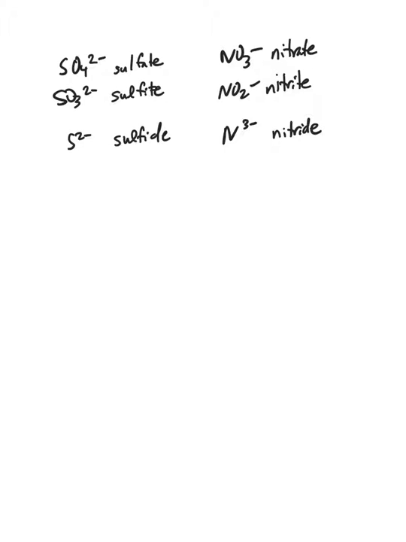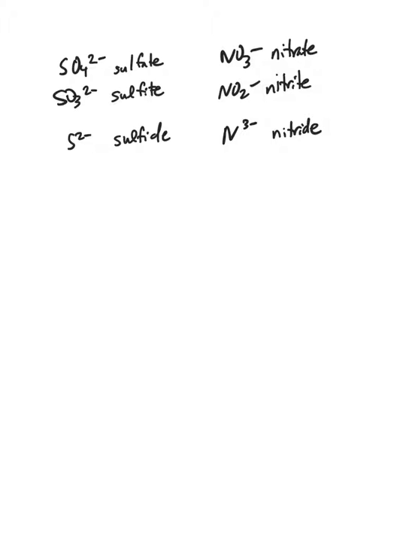So where the confusion comes in is we've got -ate in sulfate and nitrate, but they don't have the same number of oxygens in them. They don't have the same charges. We've got -ite between sulfite and nitrite. Different number of oxygens, different charges. -ate and -ite. What do those refer to?